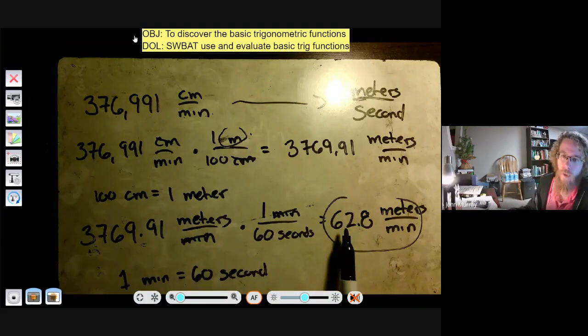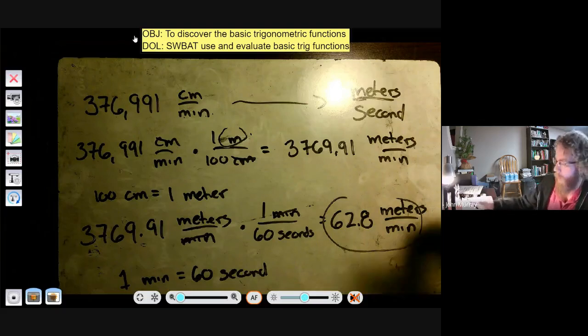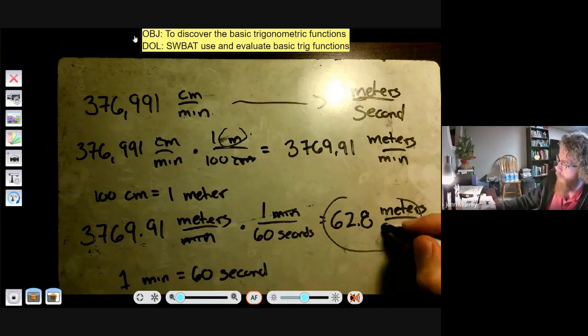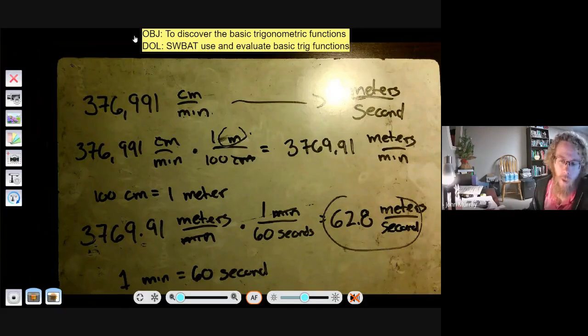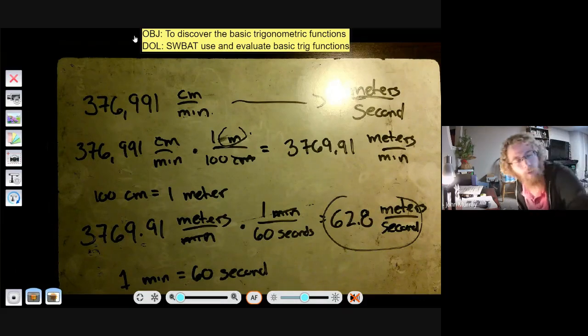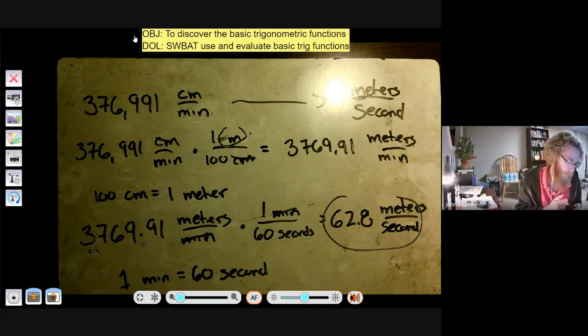But that converts to, oh no, I'm sorry, there should be seconds. 62 meters per second, which in reality is pretty fast. That's about how fast a car moves. So the edge of the disk that's spinning is moving almost as fast as a car on the highway. 62 meters every second.